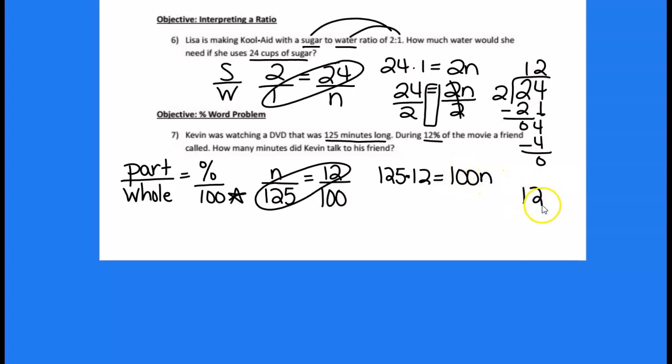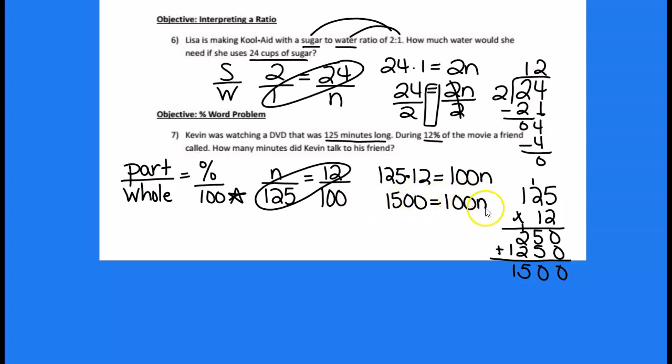Multiplying 125 times 12, remember this is a double digit, so you'll need that layer of the birthday cake. 1,500, and we are going to divide by 100.